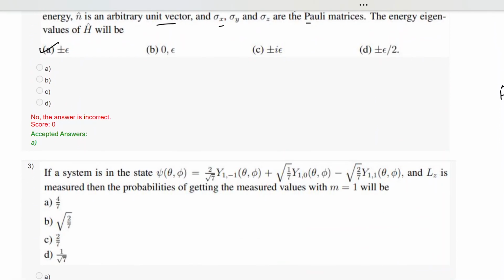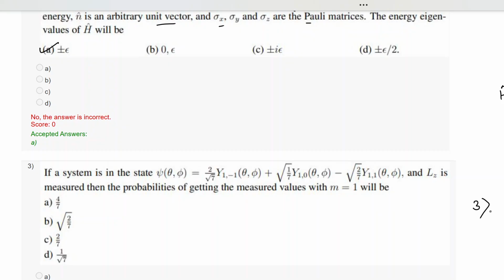Now question number 3: if a system is in the state psi theta phi equal to a linear combination of Y1,-1, Y1,0 and Y1,1 of theta phi, and Lz is measured, then what will be the probability of getting the measured value m equal to 1? Here you can see that psi theta phi is written down in these sorts of terms, which are nothing but Y_lm theta phi terms.